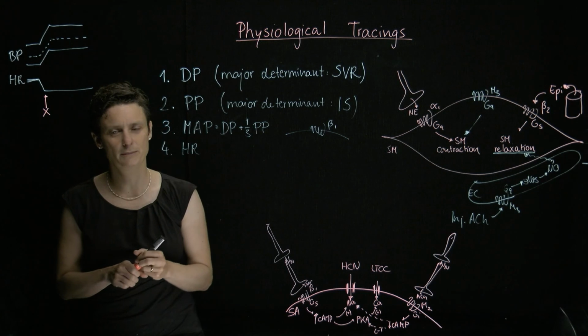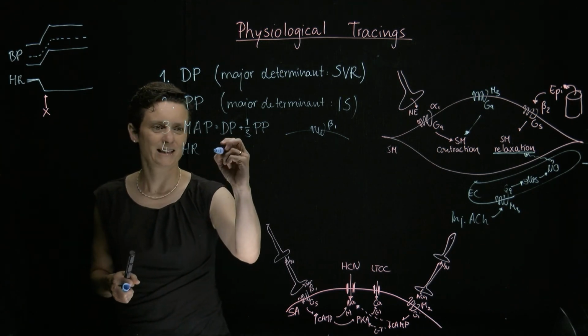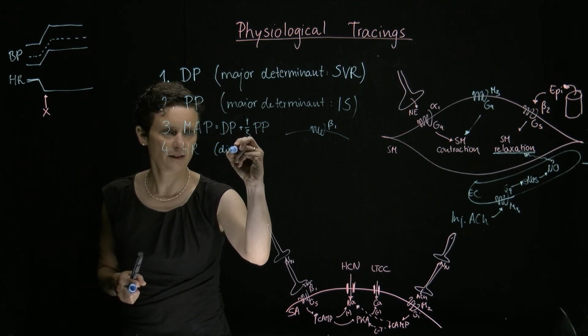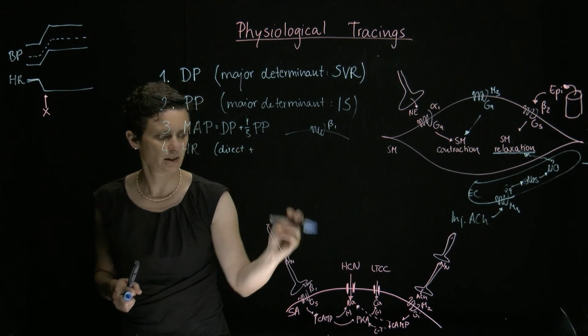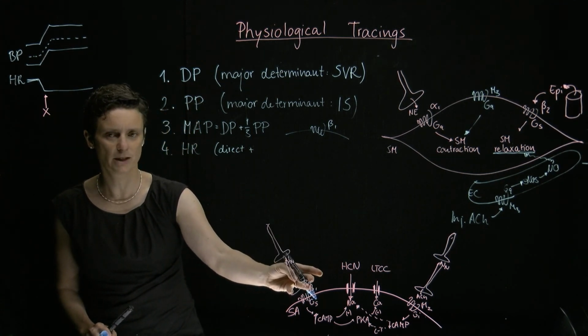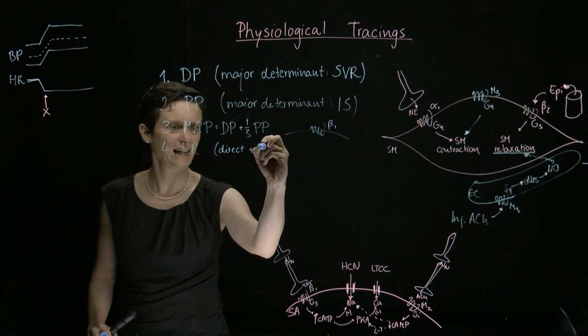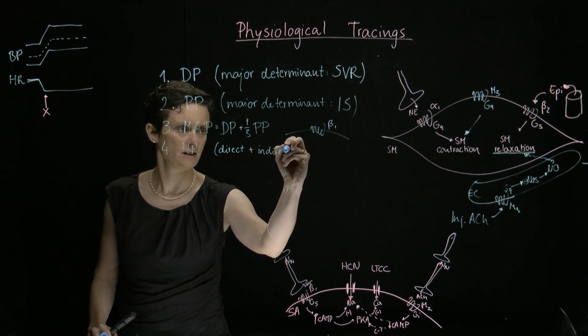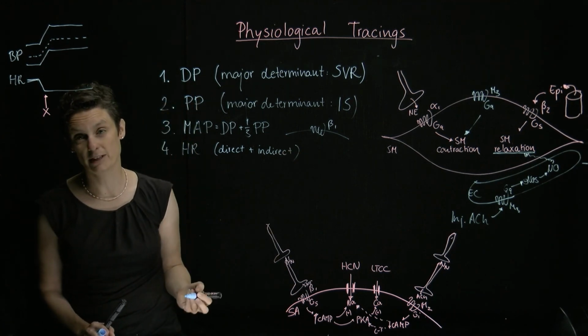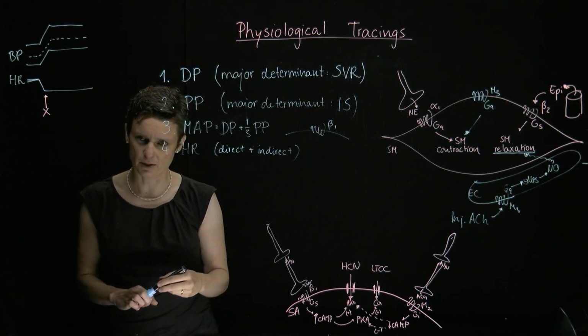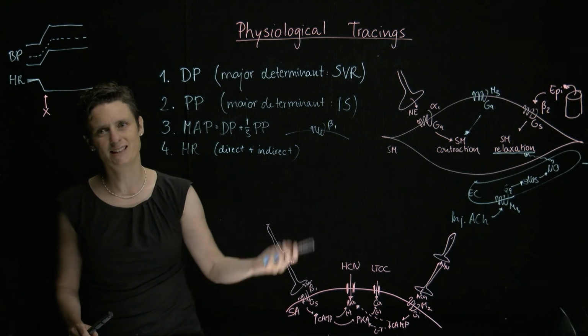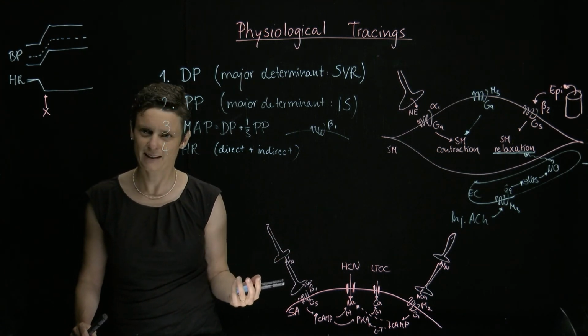Because I told you already before, the heart rate is going to be determined by direct effects. And that's kind of easy because it's just the beta-1 receptor and the M2 receptor, but then also the indirect effects. And that's going to be our baroreceptor reflex. Because remember, when the mean arterial pressure drops, who's going to pick that up?